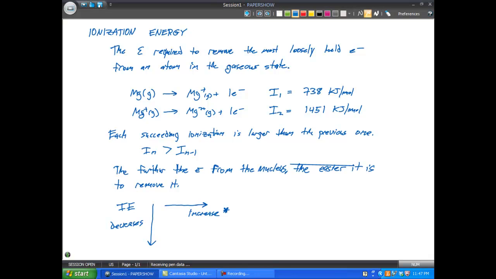in this ionization energy. So to investigate this trend, let's look at the elements in the second period of the periodic table. If we look at our ionization energies on the y-axis, and the group number on the x-axis, we'll start with lithium.